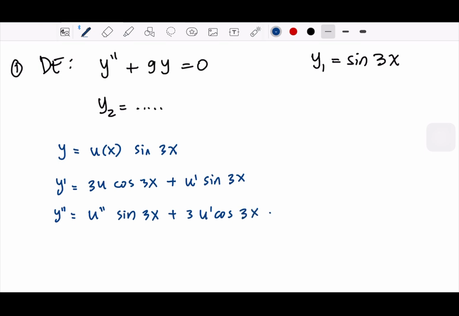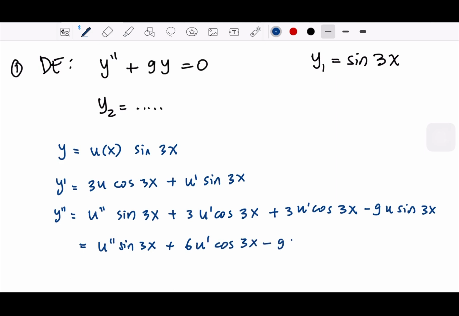And then this also has 3u prime cosine 3x, and then lastly we have negative 9u sine 3x. Or we could combine these and write 6u prime cosine 3x minus 9u sine 3x. Okay.